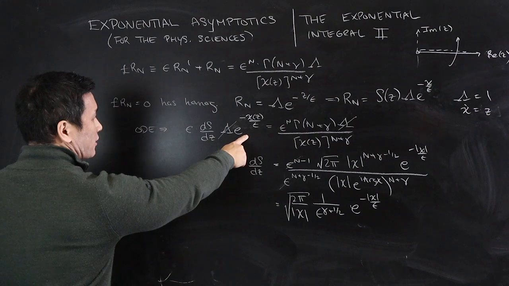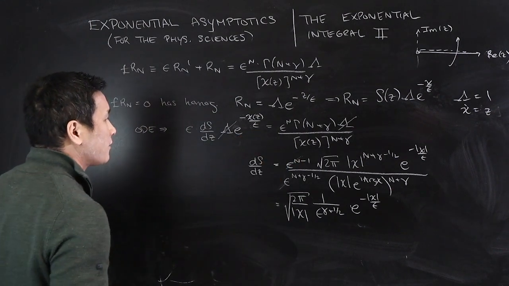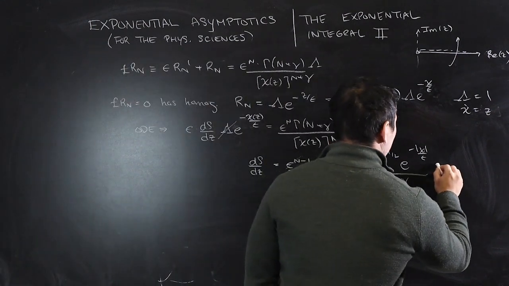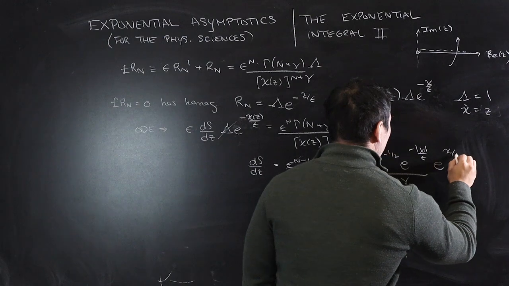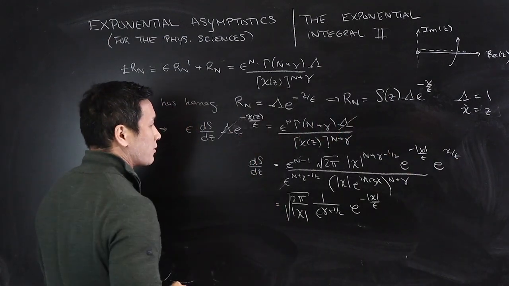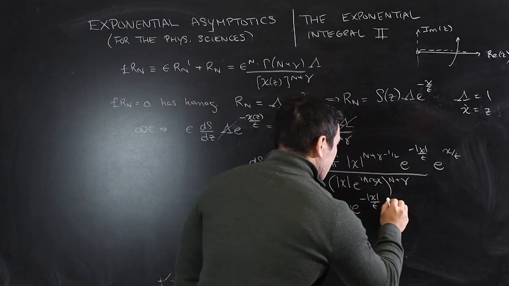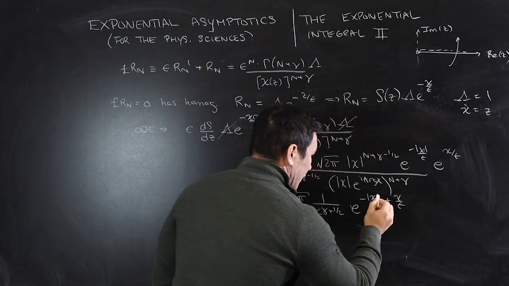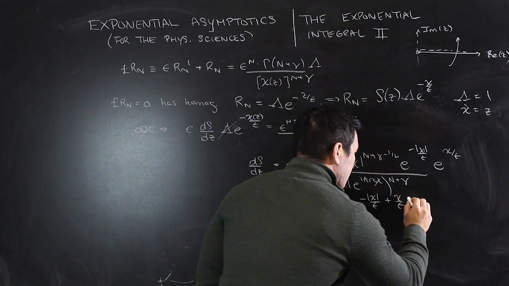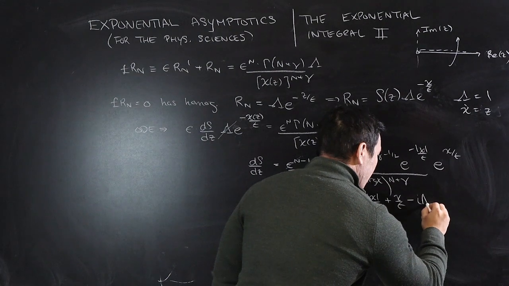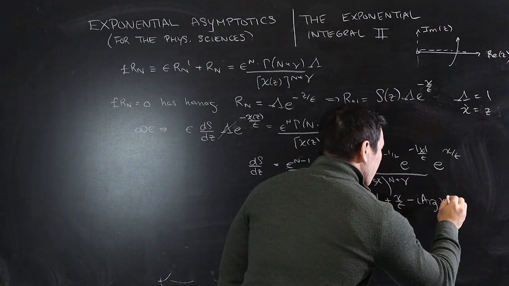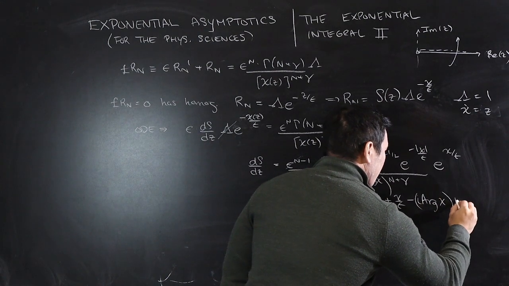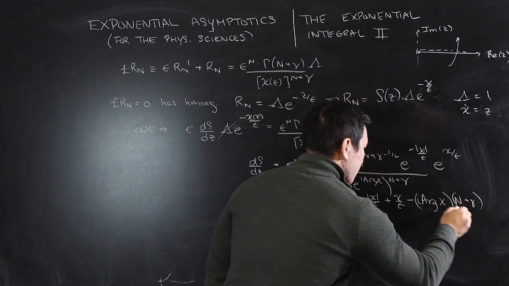I forgot to multiply this over to the other side. So there should be an e to the chi over epsilon from the left-hand side here being multiplied to the right-hand side. So that's plus chi over epsilon. And then I have that argument business, which, sure, I'll write it on the top here. I times the argument of chi to the n plus gamma, which again, is a bit mysterious.